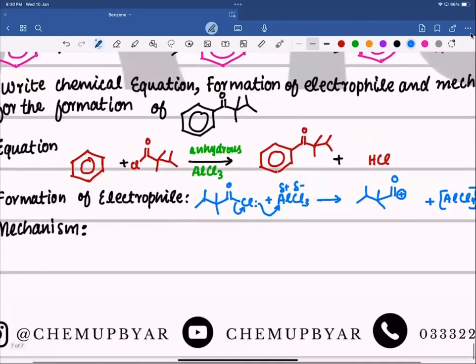Now, when we move towards the mechanism, draw the benzene ring, and show that positively charged carbon facing towards the benzene ring.